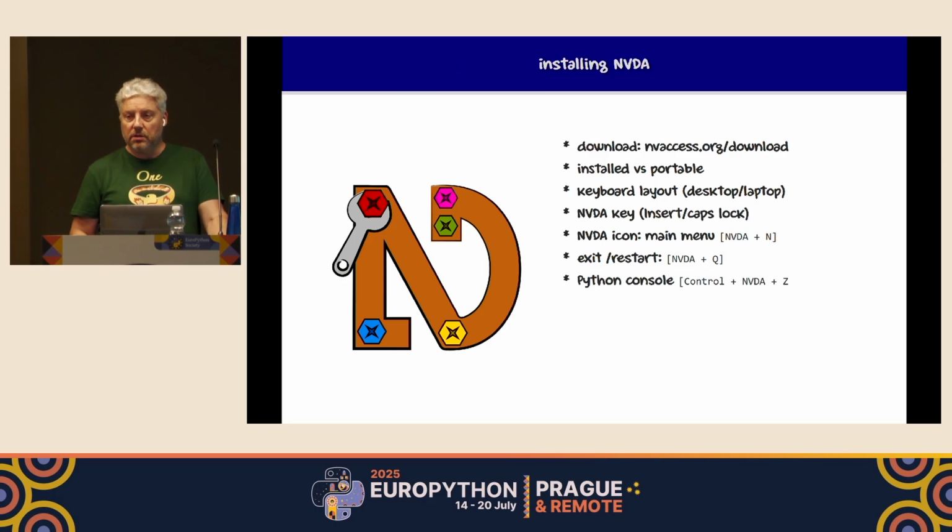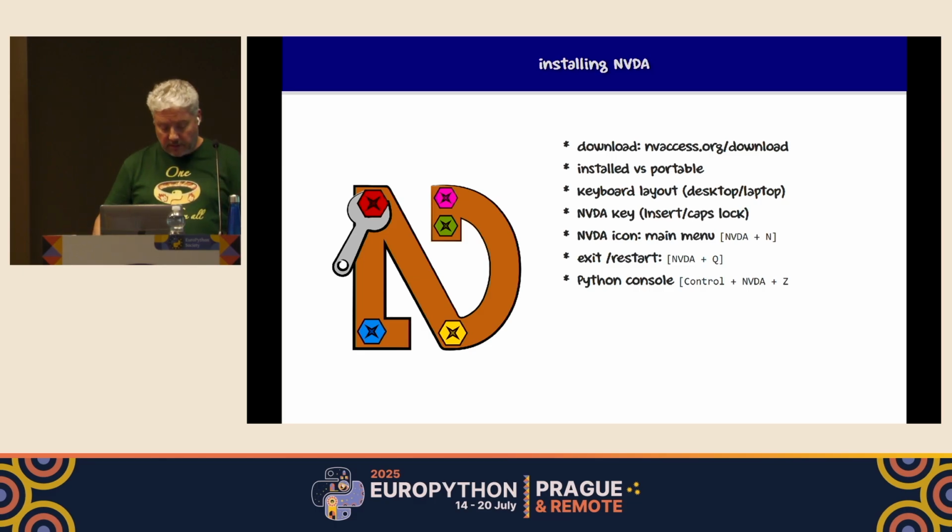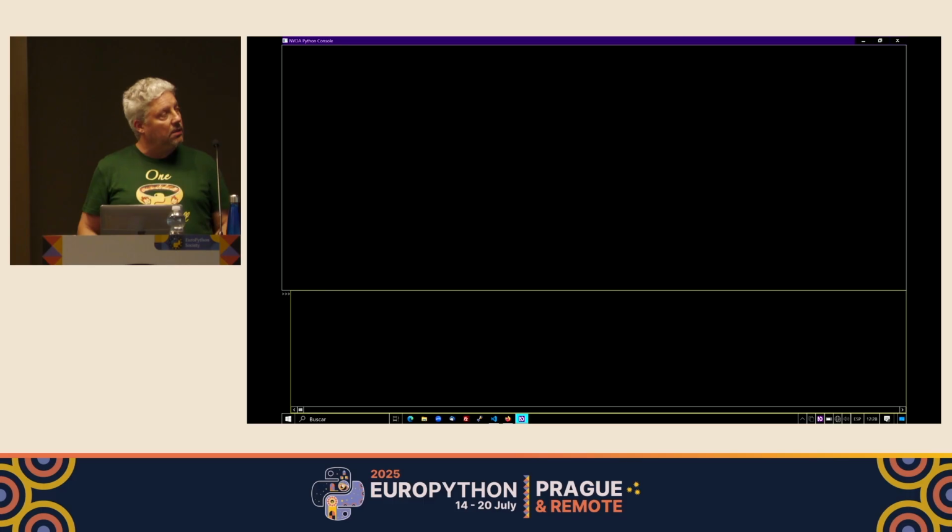NVDA has a Python console integrated in it, so this is the first utility of having NVDA running in the background. If I press this combination, Control+Insert+Z, in this case, I have this Python console. I don't know if the font size is enough, but anyway, I have an autocomplete.